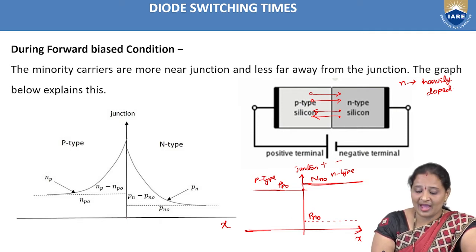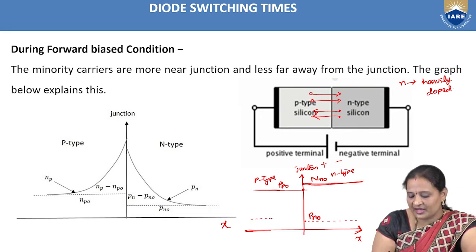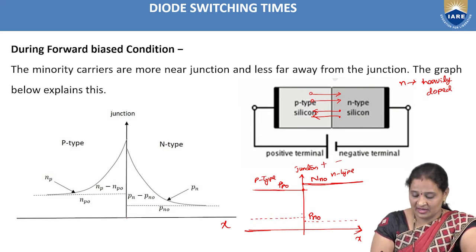And I have shown the difference between the carrier concentrations. As the n-type material is heavily doped, the carrier concentration is a little high when compared to Pp naught here. Similarly, the minority charge carriers in the p-type semiconducting bar, again represented with a dashed line, are electrons, so Np naught.